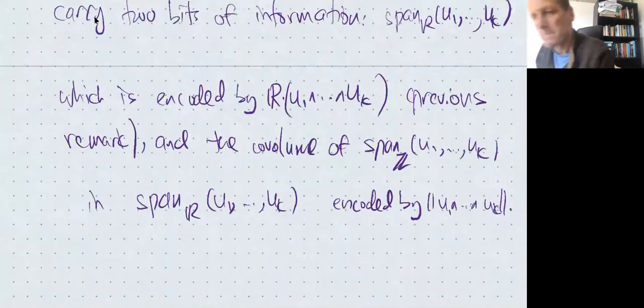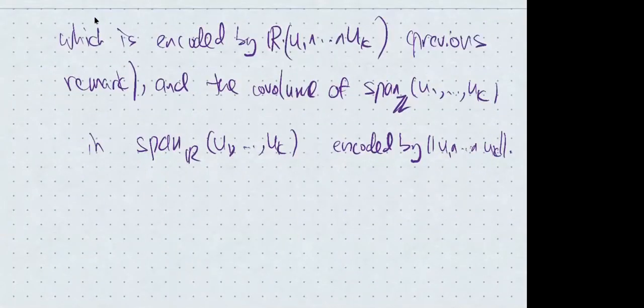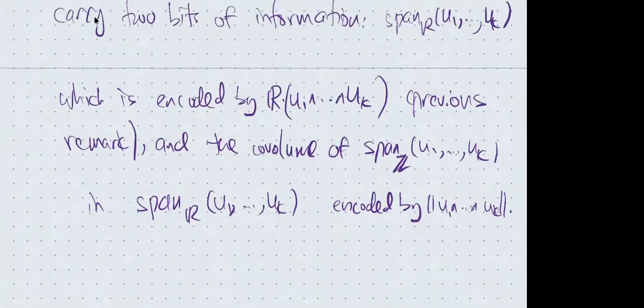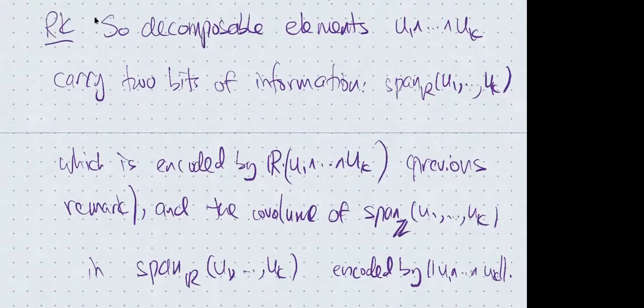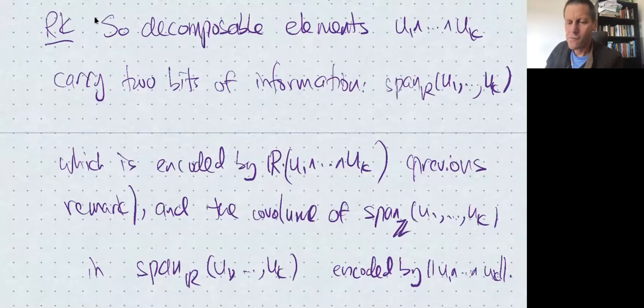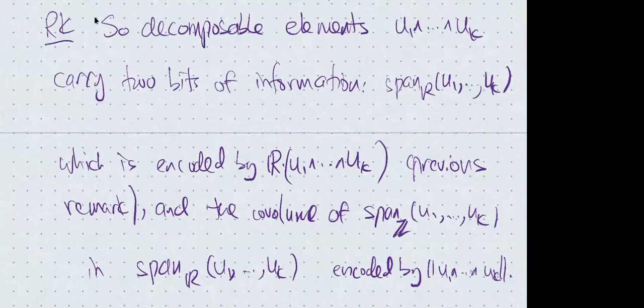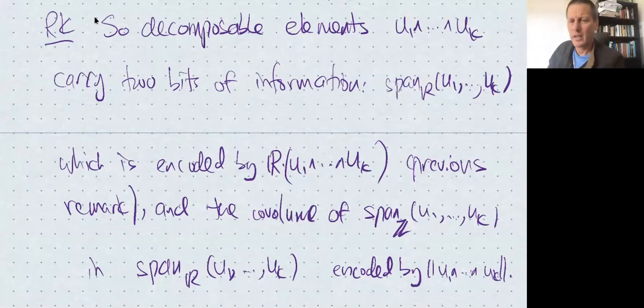Okay. Can one decide, if I give you a line in RP^N, whether it comes from a decomposable vector from a subspace? I don't think in any easy way. I think you can try to solve some equations.